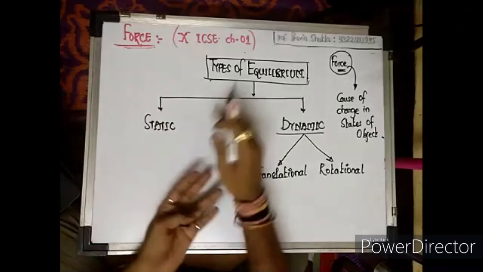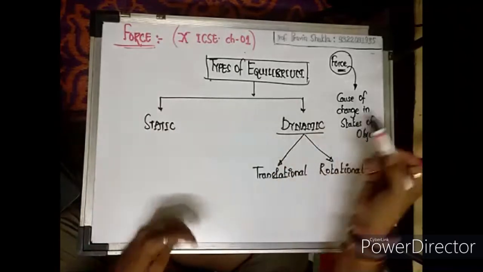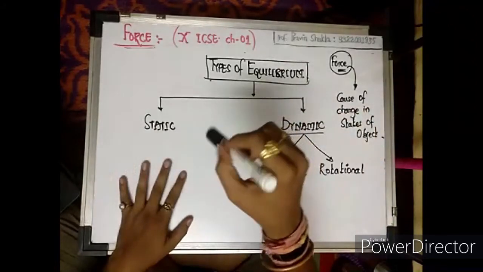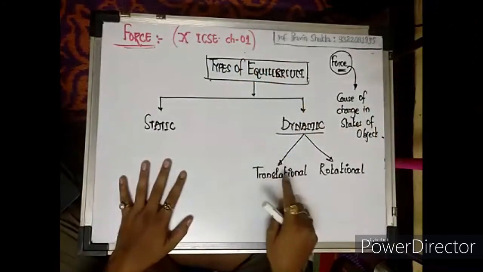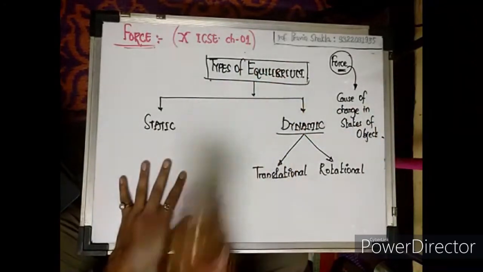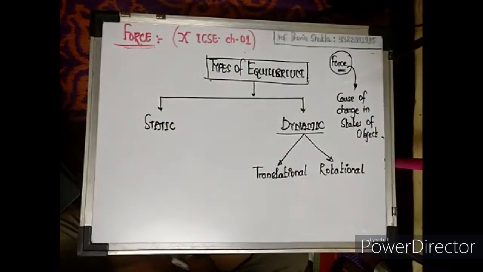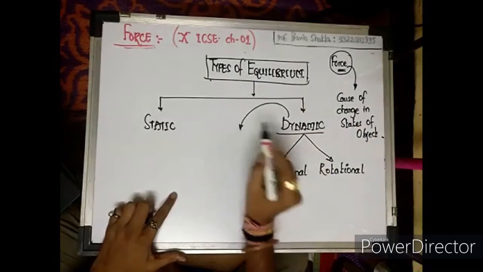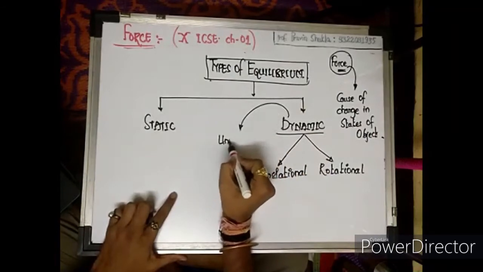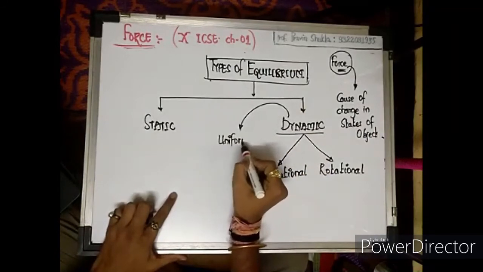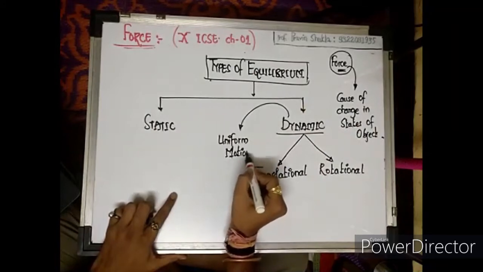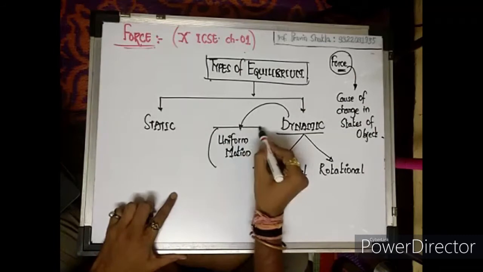If the object is in uniform motion and forces are acting, and there is no change in the motion, then I will say it is dynamic equilibrium, right? Dynamic equilibrium deals with uniform motion in particular. Understand this very well.